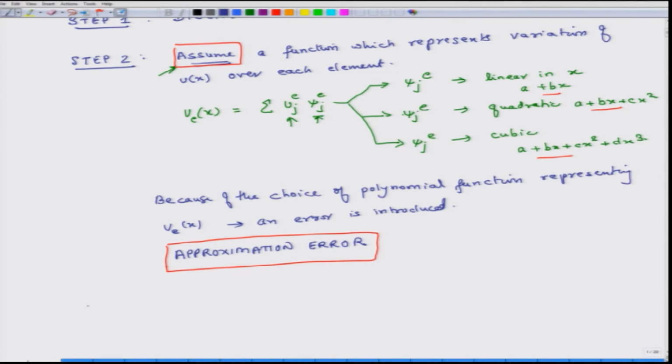Then in step 3, what do we do? We calculate weighted residual. We take the residue error on the equation or residue in the equation, multiplied by weight function and integrate it over the domain.